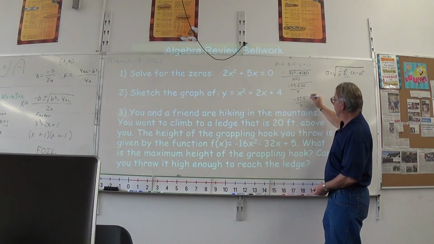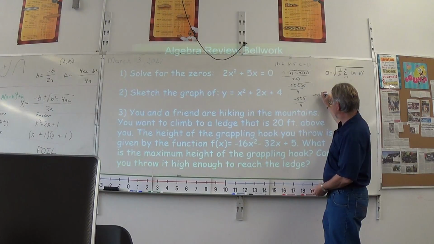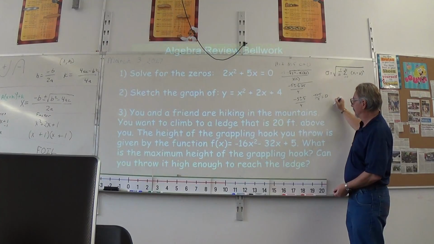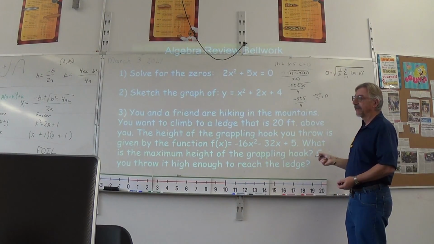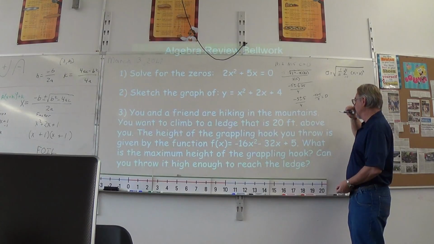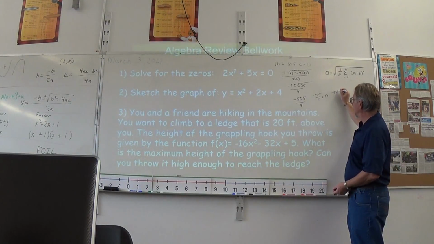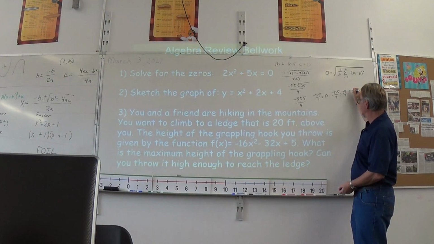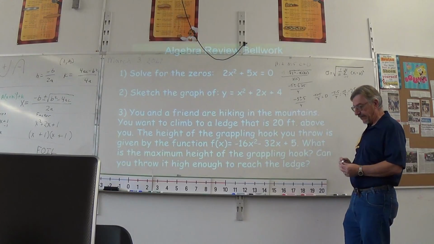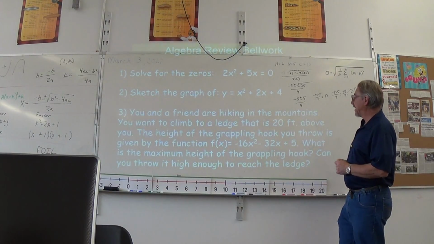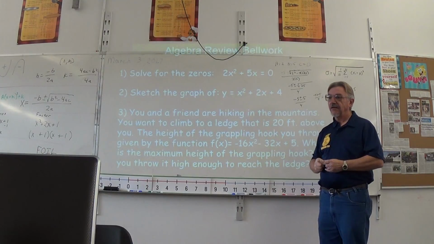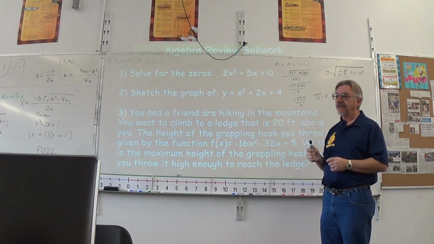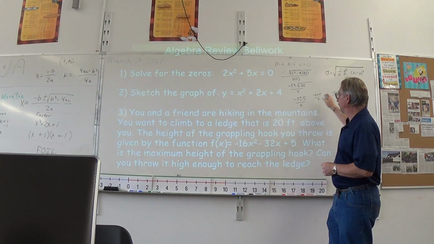Negative 5 plus 5 divided by 4 is going to give me 0, because negative 5 plus 5 is 0, and 0 over 4 is 0. But negative 5 minus 5 over 4 is negative 10 over 4, which is negative 2.5 or 5 halves. So the zeros I got are negative 2.5 and 0.